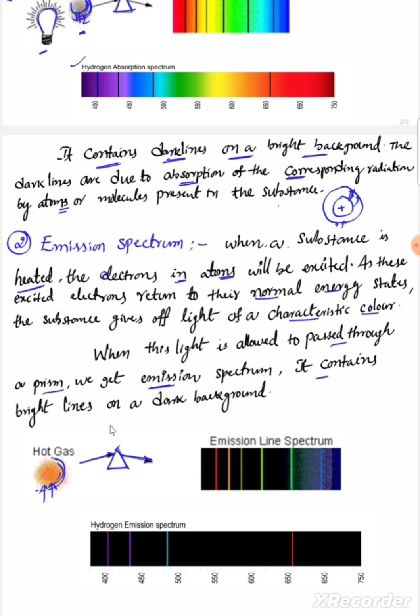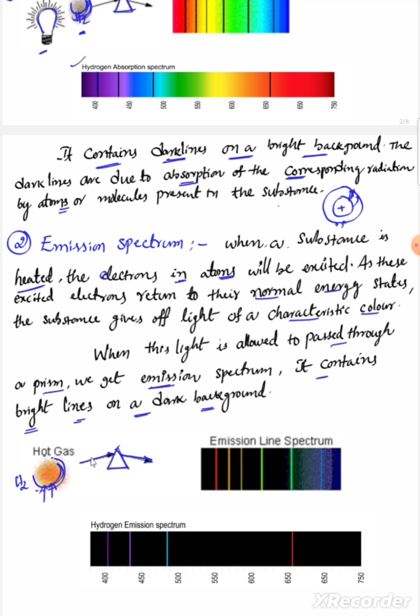It contains bright lines on a dark background, a black background. Here we observe the emission wavelengths. Whenever we take hydrogen gas, H2 gas, and heat it, light is emitted.